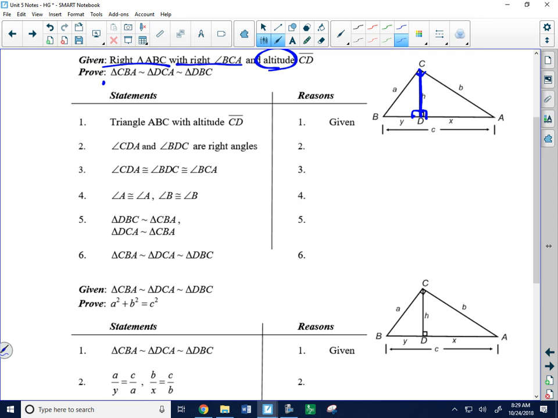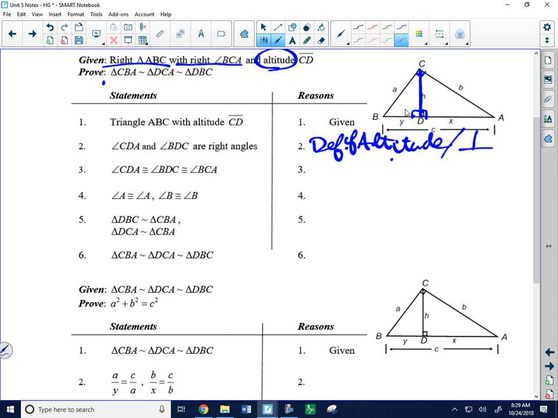I'm really combining 2 and 1. It's because an altitude means perpendicular. Definition of altitude. But then the definition of perpendicular means it forms right angles. So I'm combining 2 and 1 there: altitude means perpendicular, and perpendicular means right angles.